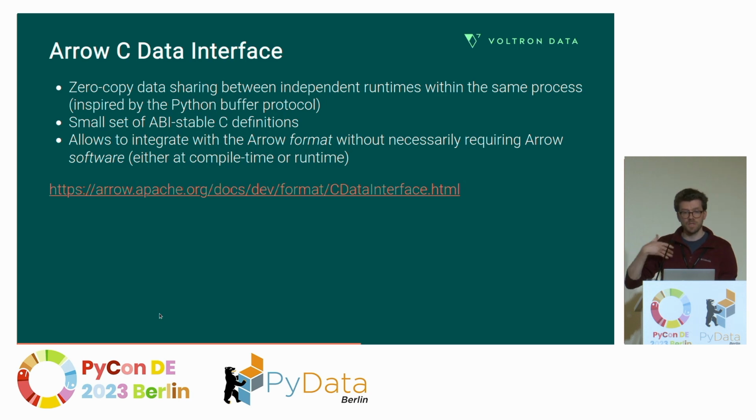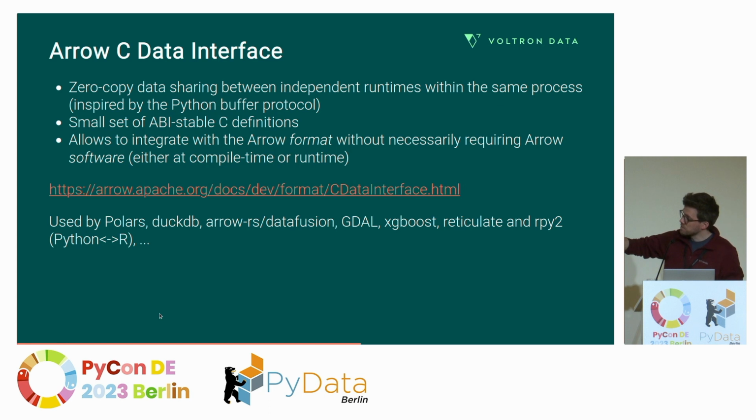So if you have a language that can interface with a foreign function interface like CFFI, then you can work with this. And so it allows to integrate with the Arrow format without necessarily using the Arrow software or without necessarily knowing the other library that would like to consume your data.